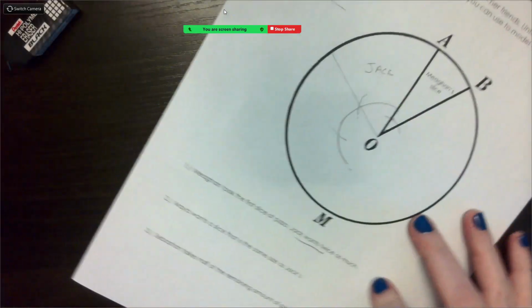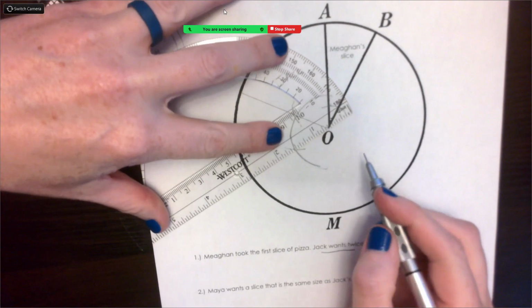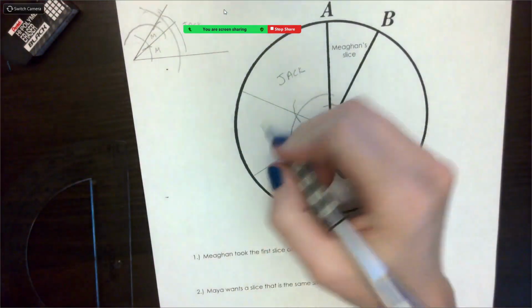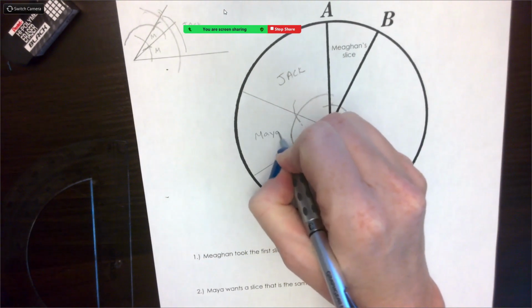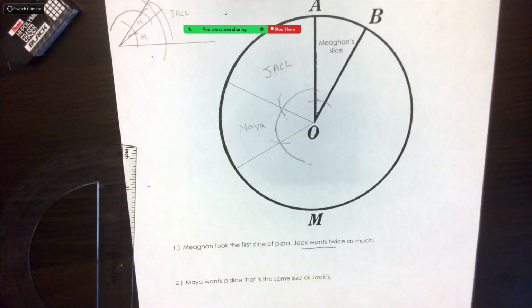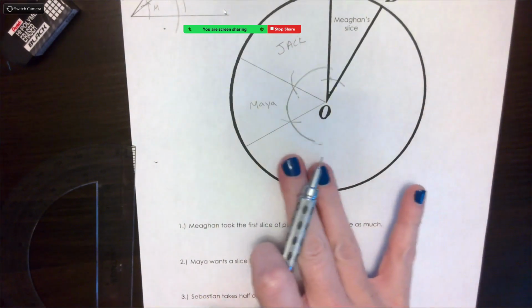Okay. And you'll again see where the arcs have met. So now we have Maya's slice. Okay, so we're doing okay at the moment, but now Sebastian takes half of the remaining bit of pizza.